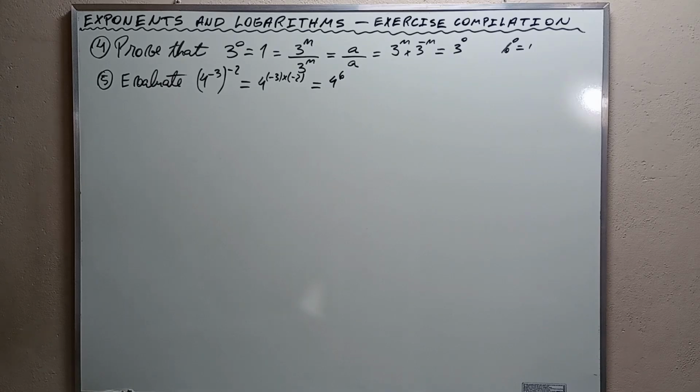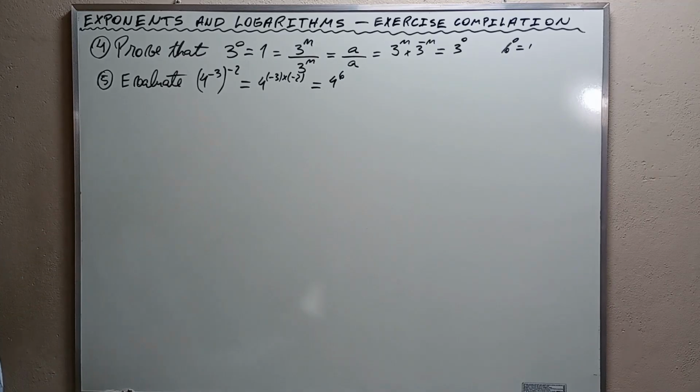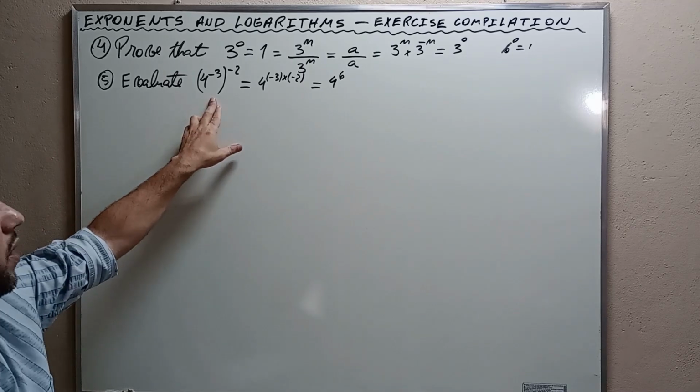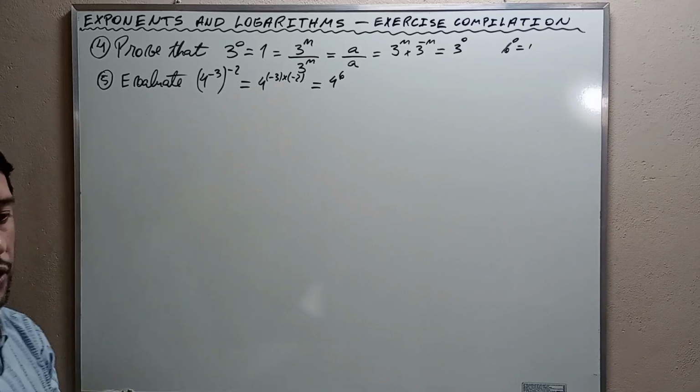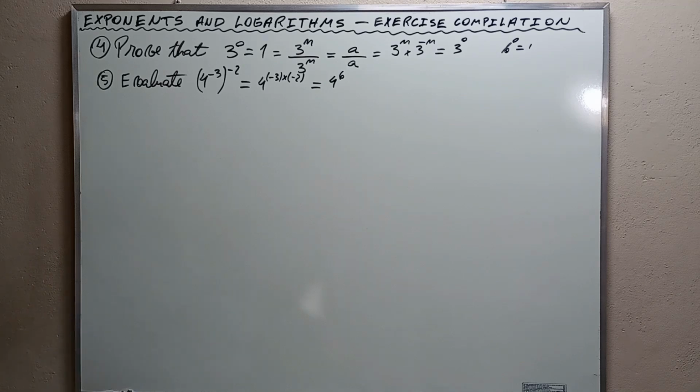Okay? You can go back to one of the properties that we studied in the beginning of this video to check why it is multiplication and not addition. Let's move on and go to exercise number 6.